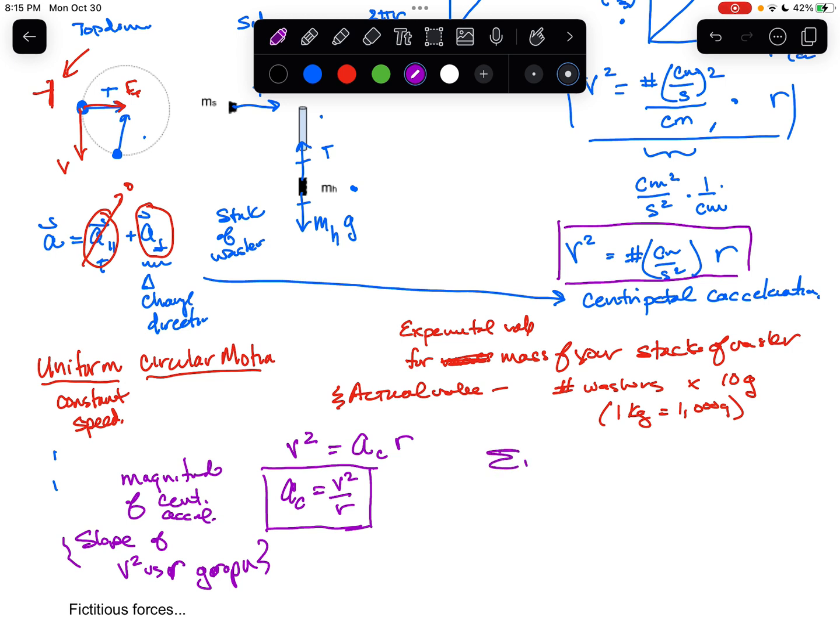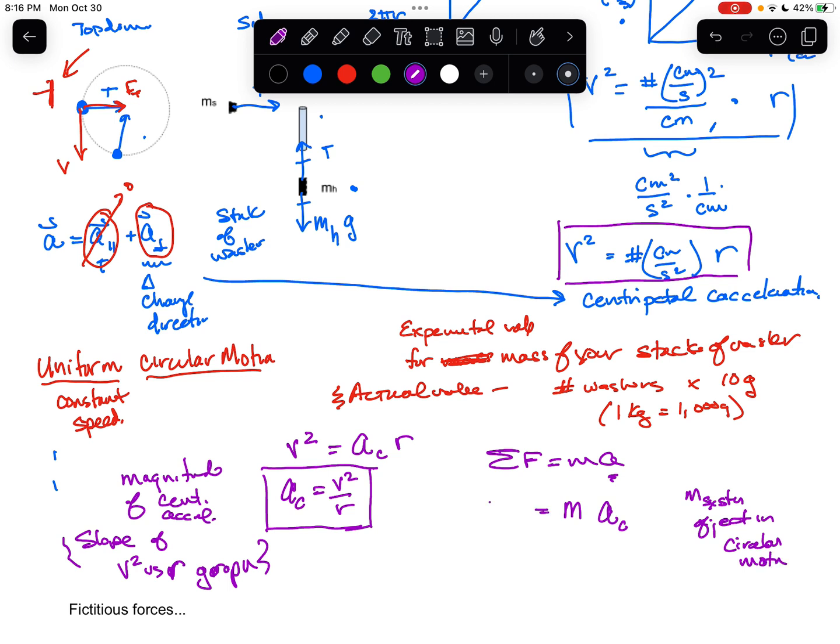So Newton's law still holds for all kinds of linear acceleration, but in the context of uniform circular motion, this acceleration is going to be the centripetal acceleration. This m will be the mass of the object that is moving around in a circle. So the m here, the m system, is the object in circular motion. The stack of washers were not in circular motion, only the moving mass was.